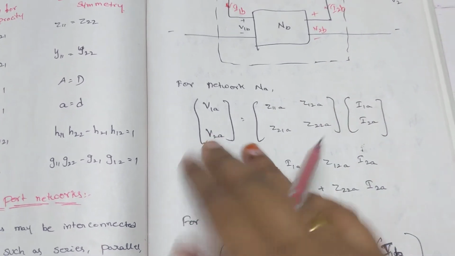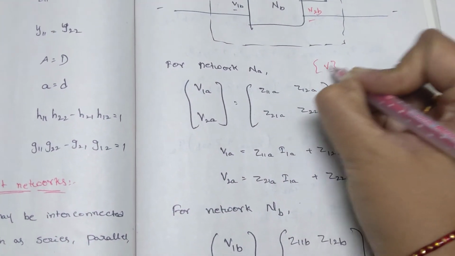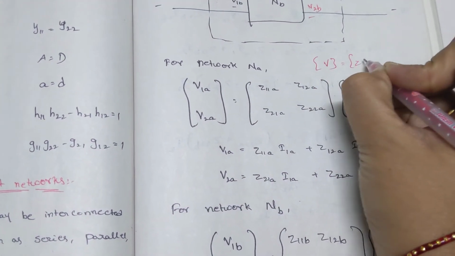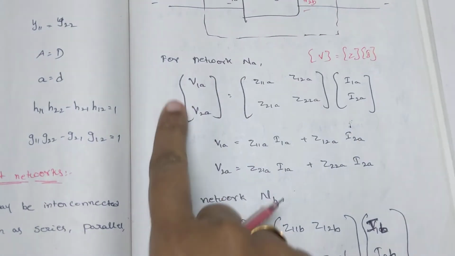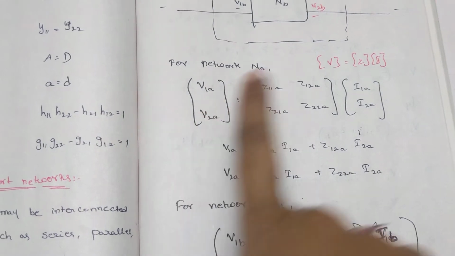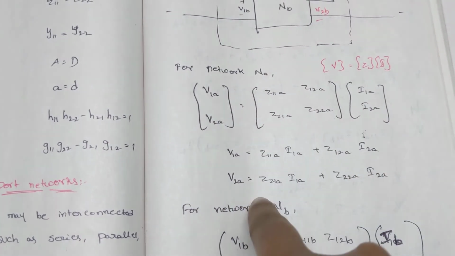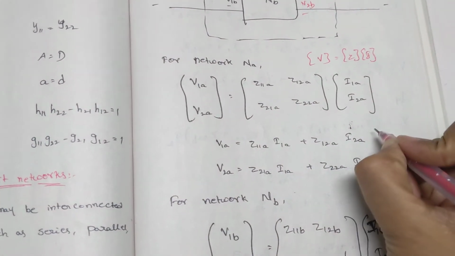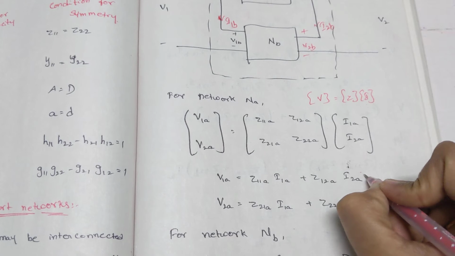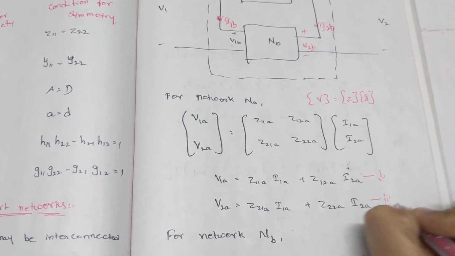So for Z parameters, V equals Z matrix into I matrix. So here I have the two-port voltages, Z parameters and currents. So write the input and output equations. Give the numbers 1 and 2.